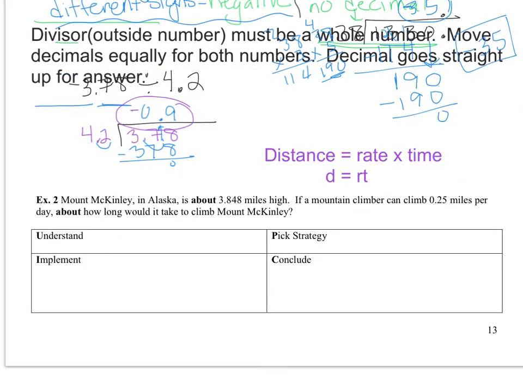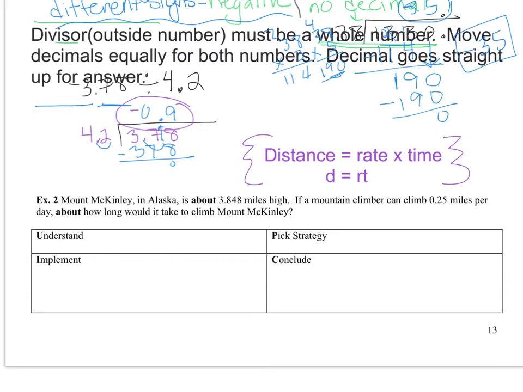Alright, before we get started with our U-Pick question today, I want you to look at this formula that I wrote down for you. If you've never seen it before, it comes in very handy when you're solving problems like this. The distance traveled is always going to equal the rate that you are going times how long you were going.